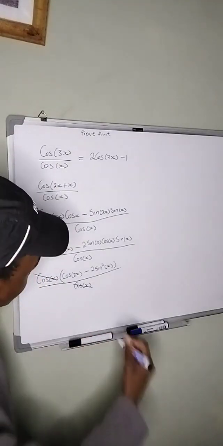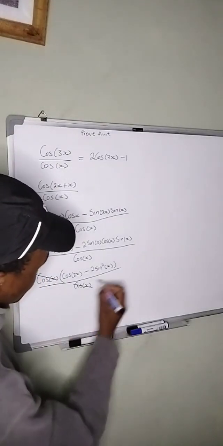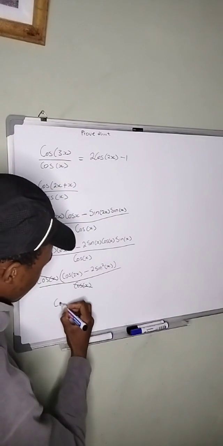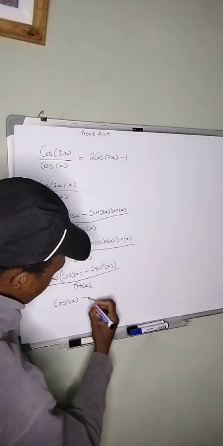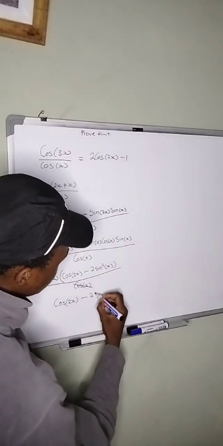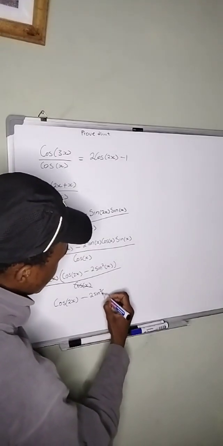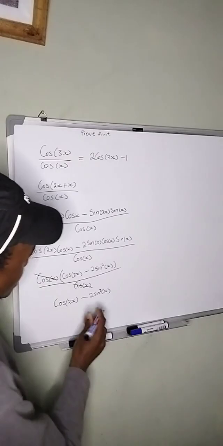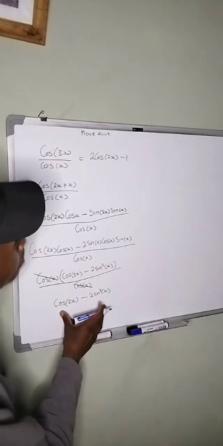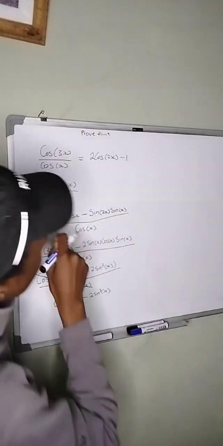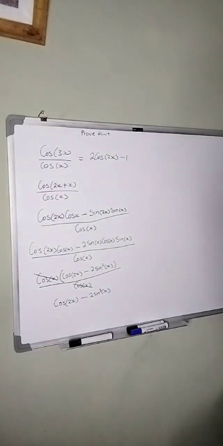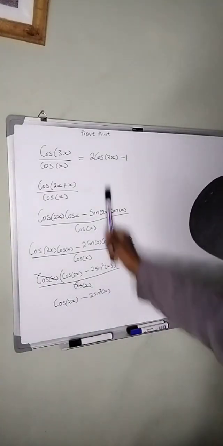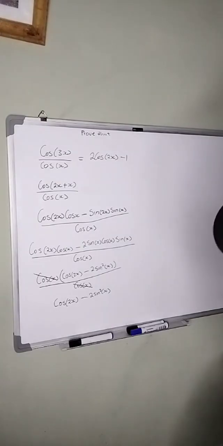Thank you very much. So now I'm going to have cos squared x minus 2 sine squared x. I shift my eyes and go back to the equation, and I see I'm having a different story.